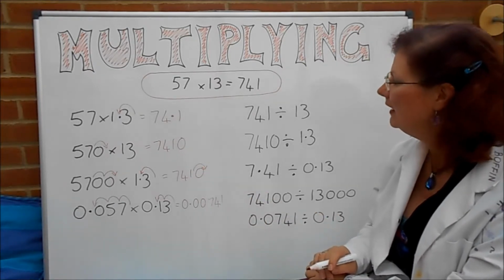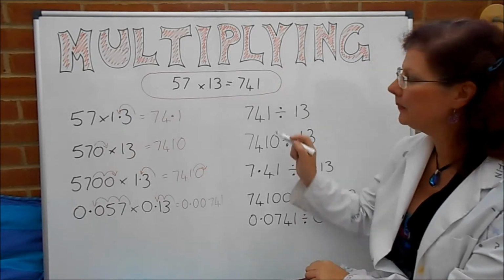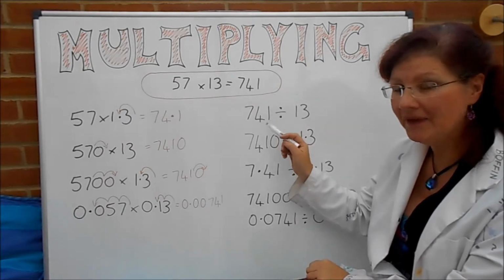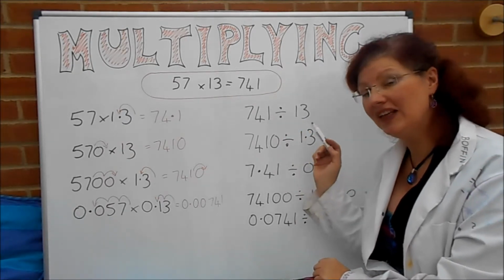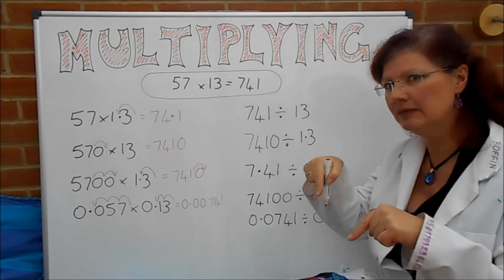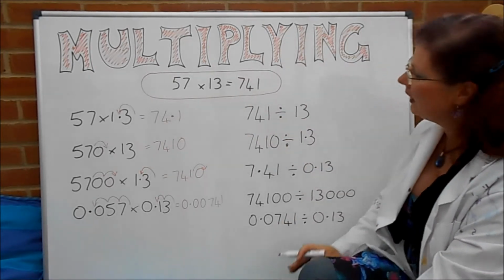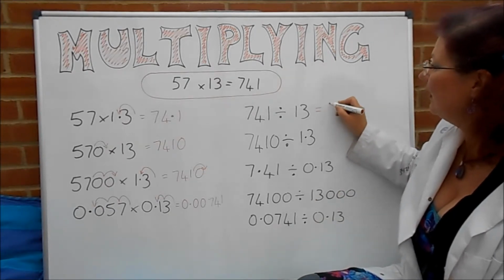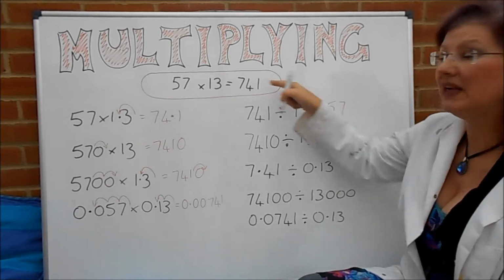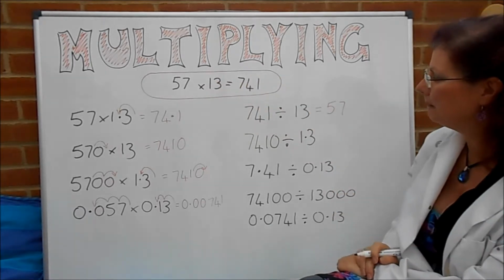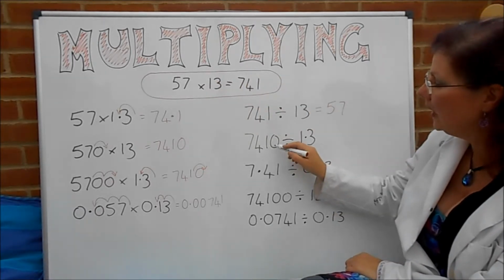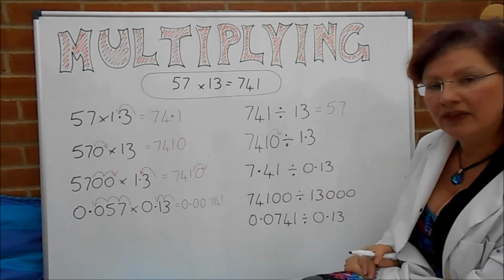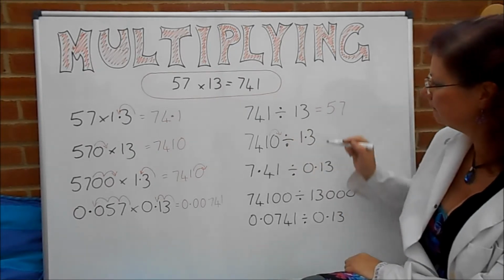Okay? Now on these divides, remember, if you make the first number bigger, your answer gets bigger. If you make the second number bigger, your answer gets smaller. So, looking over here, we've got a 741 divided by 13. The answer there is just plain old 57, which we got from up here. Now here, we've made that bit 10 times bigger.